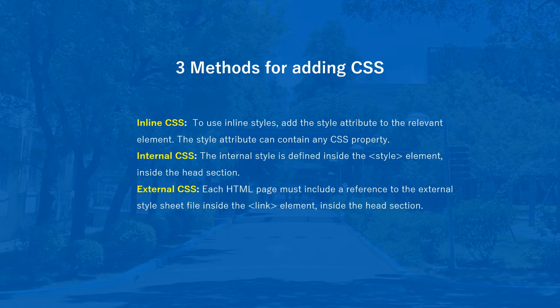The other one is internal CSS. What is internal CSS? We put our CSS in our HTML file. In an HTML file, we know there is the HTML tag, the head and the body, and we put all our CSS in the head tag, in the head section.